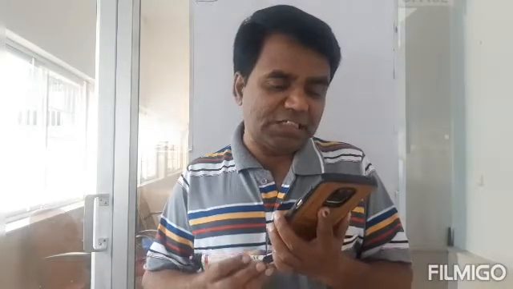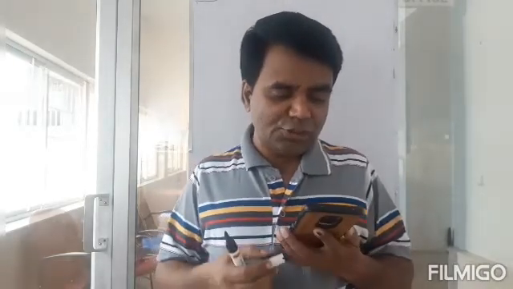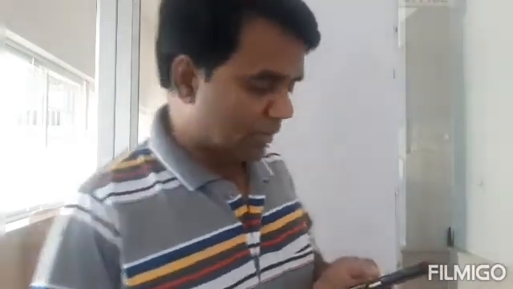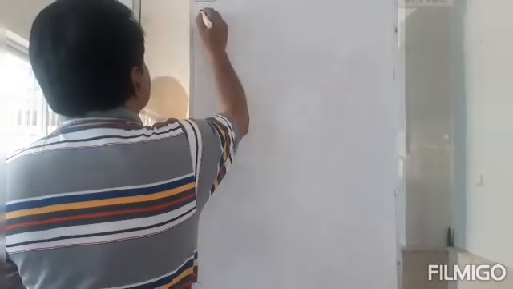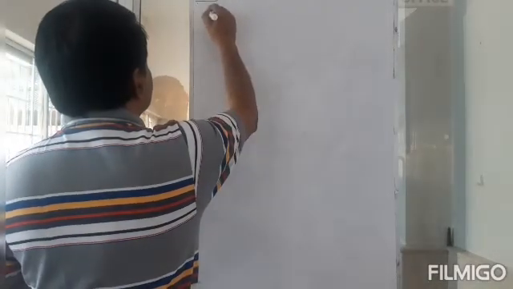A negligibly small current is passed through a wire of length 15 meter and uniform cross section 6 into 10 power minus 7 meters squared, and its resistance is measured to be 5 ohms. Then what is the resistivity of the material at the temperature of the experiment? That's easy.